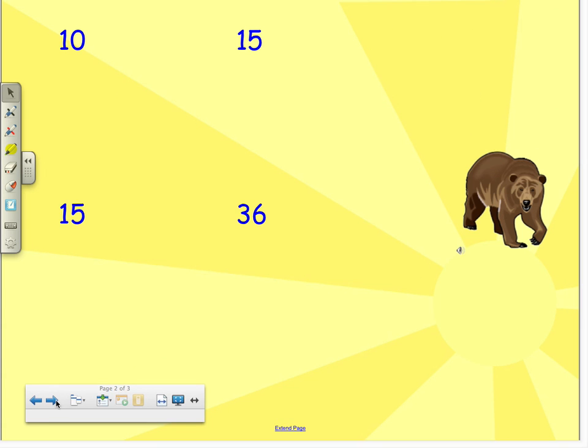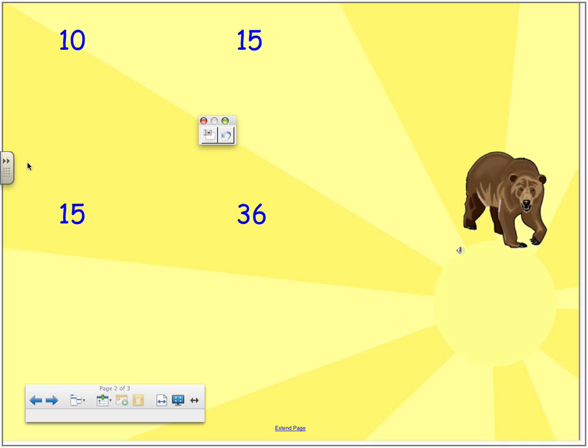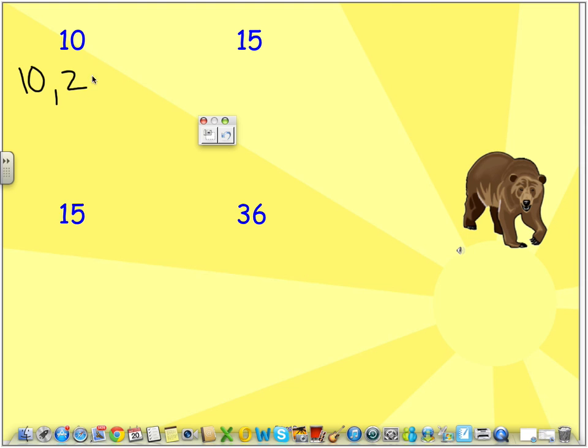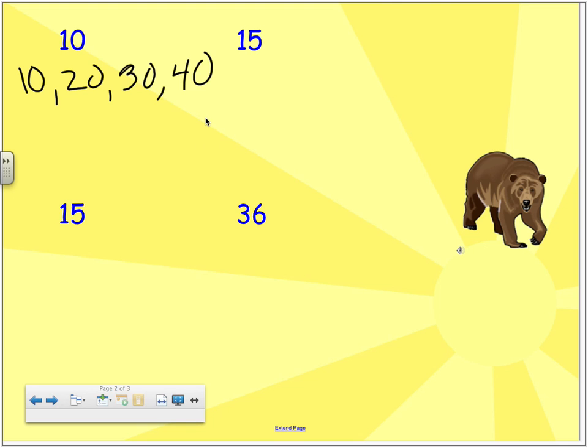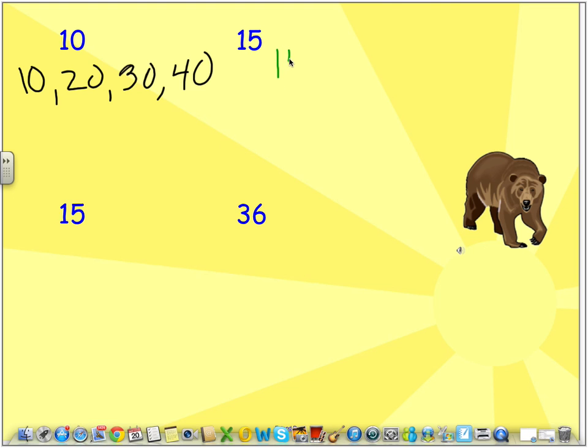Okay, so now let's take a look at this example. The first two I'm going to do are 10 and 15. If I've got 10, I can list out its multiples: 10, 20, 30, 40, etc. If I look at 15, I've got 15, 30, 45, 60, etc. So what is the least common multiple, the least multiple that they have in common?